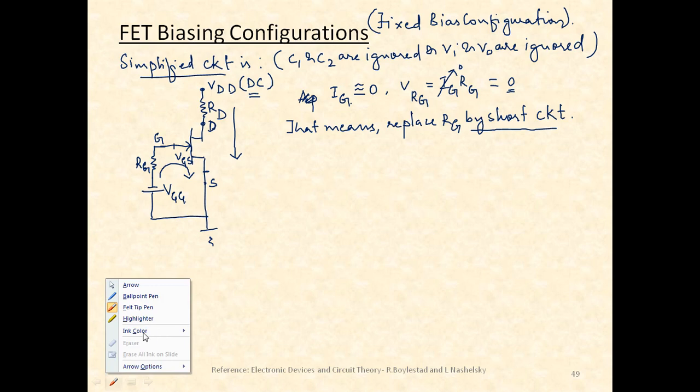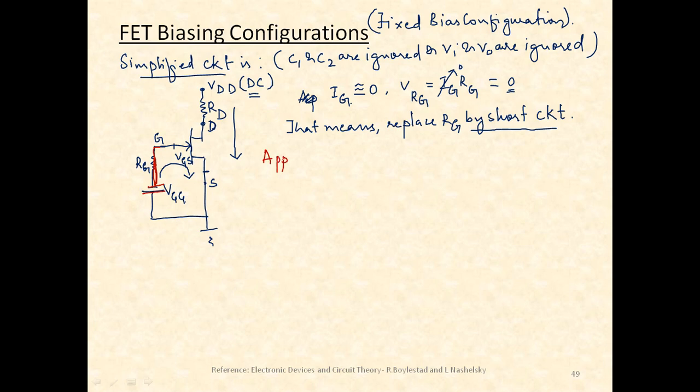Now what I will do is I will just replace it by a short circuit. Let me select a different colored pen so that it will be easy for me. So I have just replaced the resistor by a short circuit. Okay, fine. Now if I apply KVL, what do I get?